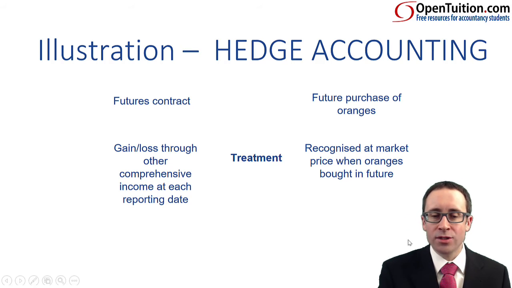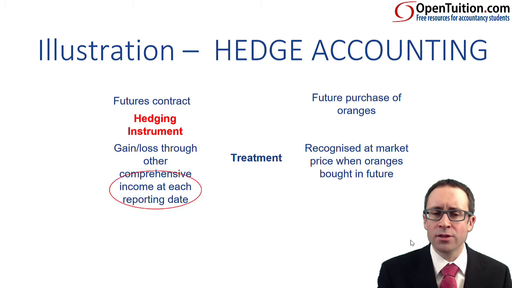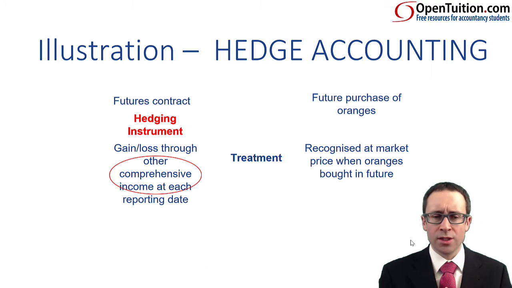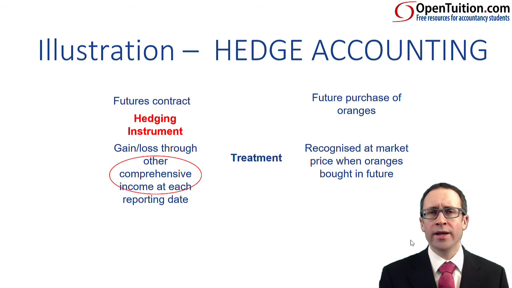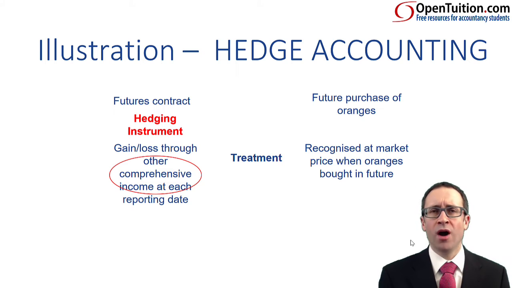However, the key issue now is that for this hedging instrument, the futures contract, the treatment is ever so slightly different, because any gains or losses go through other comprehensive income. We've placed a bet on a price rise. If the price goes up, our bet is correct, it is winning, and we have a gain.